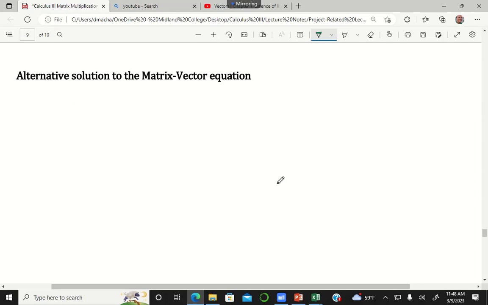So back to our matrix vector equation. If I have this like I said, solving for b, if you know A and x, is really easy. You just do matrix vector multiplication.